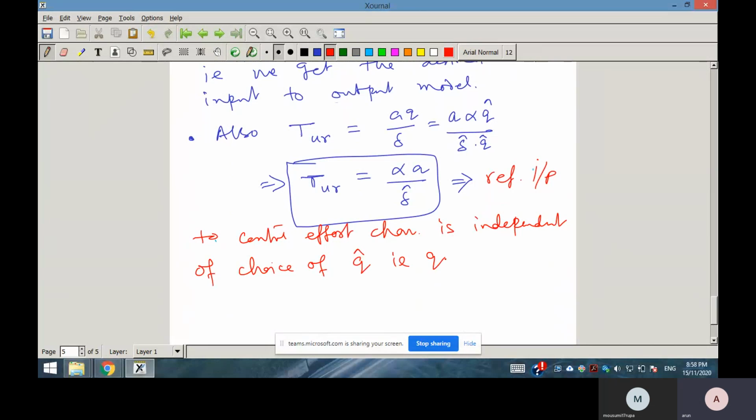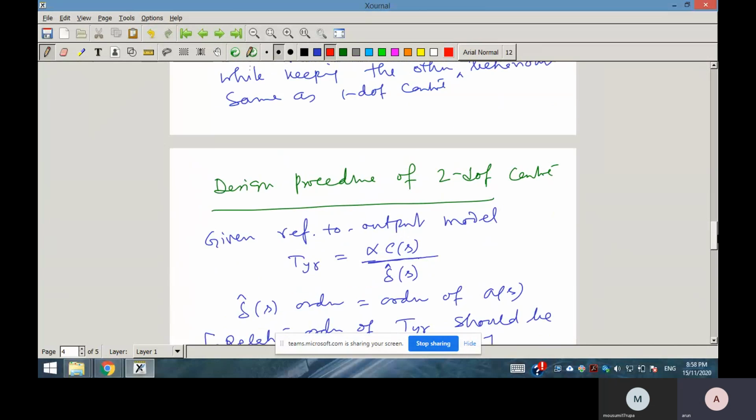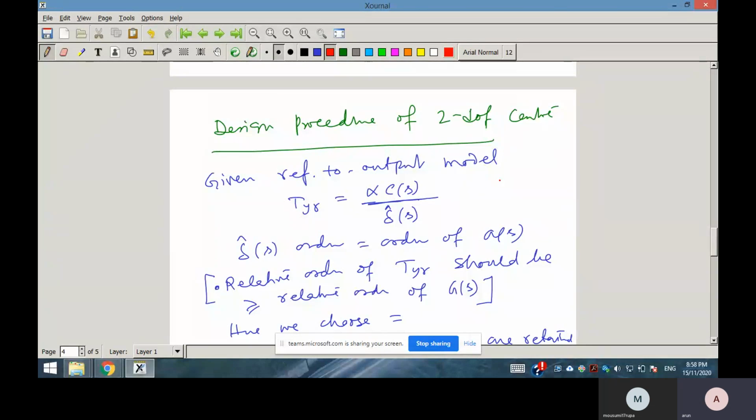Q hat means Q, because alpha, how will you choose alpha here? Alpha will be equal to t.